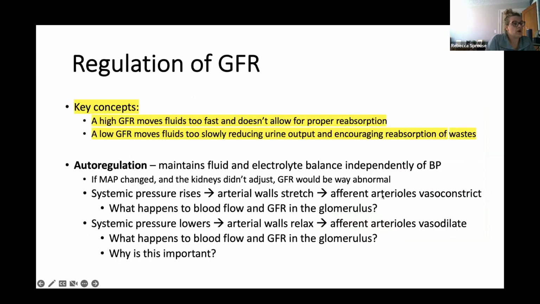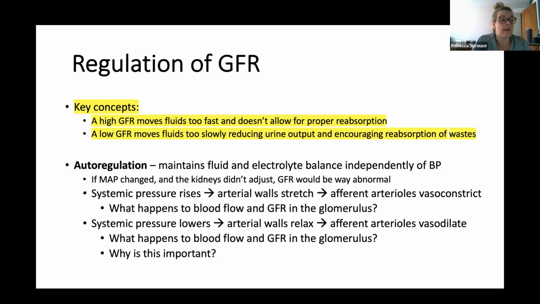All right, so we're going to talk a little bit about how our kidneys regulate GFR. They're very smart little organs, but the two things that I need you to kind of wrap your head around right now is a high GFR. If your GFR is too high, right? If our filtration rate is too high, fluids are moving through that glomerulus too fast, and we cannot properly reabsorb things like the water.